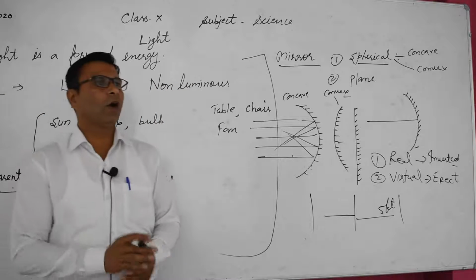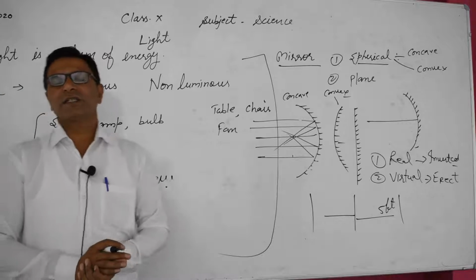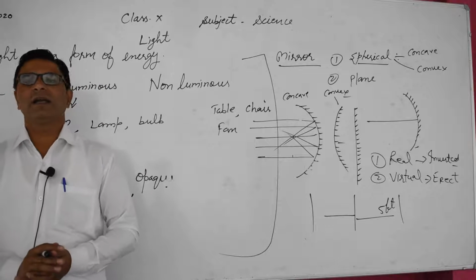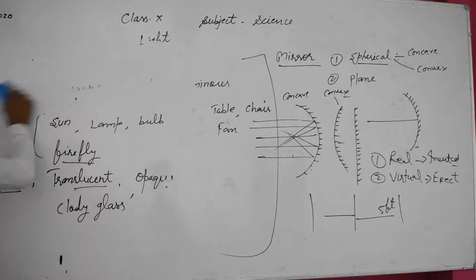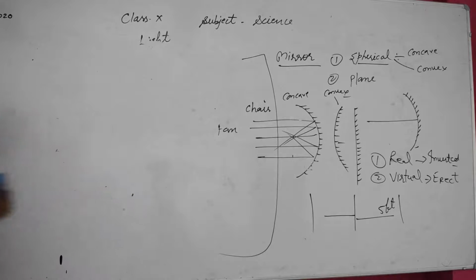Okay students, now I want to tell you some laws of mirror, but first of all we will discuss the reflection of light. Now you can see on the board, please. I am going to draw this. First of all, reflection is the bouncing back of light from a surface.